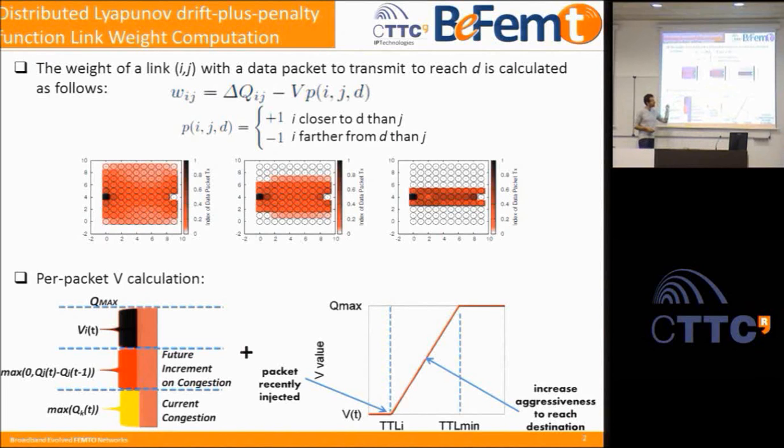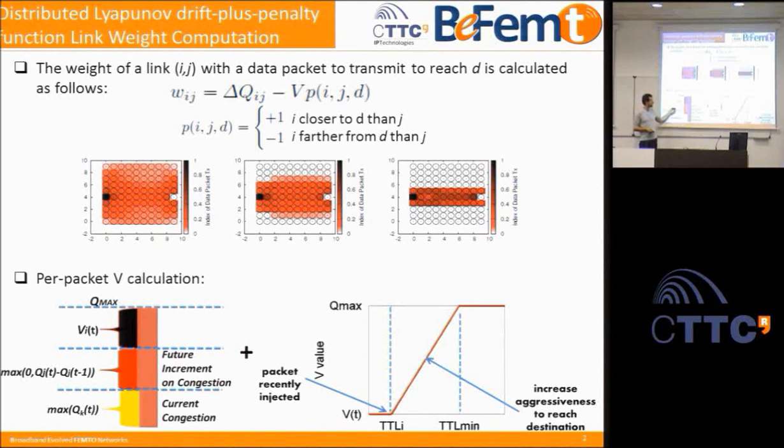So our goal, as you will see, and this is what is explained in the lower part of the slide, will be to adapt this V parameter depending on the network conditions, which means traffic load or the congestion of the nodes or these kinds of things. And we do that, as I explained before, on a per packet basis.